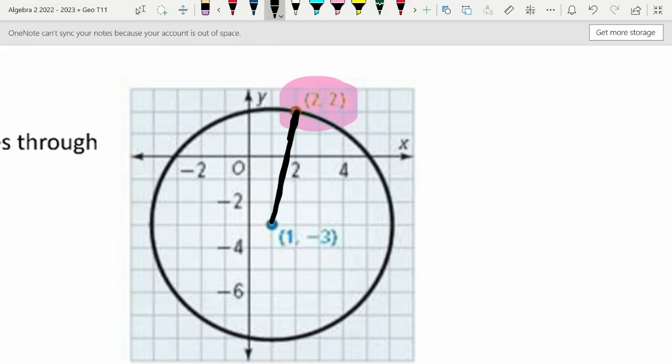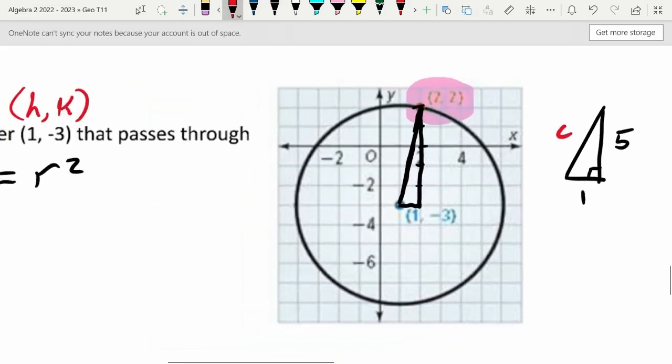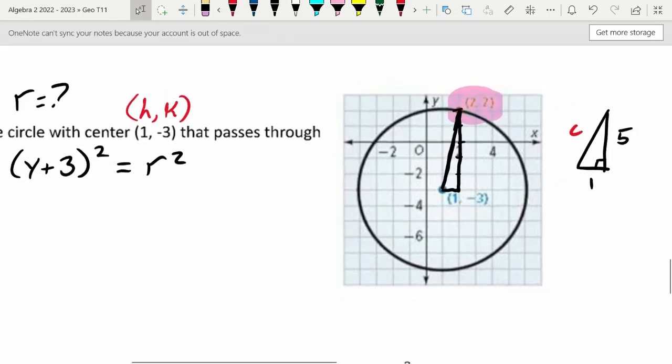We could use the Pythagorean theorem, considering this right triangle where it has a base of 1 unit and the vertical length would be 1, 2, 3, 4, 5, and we would just solve for c. I could use the distance formula just to get you used to using it, because sometimes there's a lot of squares to count, and this is not always the most efficient method.